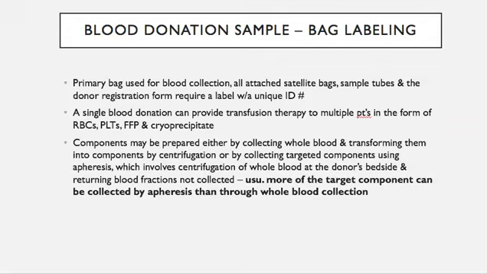A single blood donation can provide transfusion therapy to multiple patients in the form of red cells, platelets, fresh frozen plasma, and cryoprecipitate. Those components can be prepared either by collecting whole blood and then separating them into the components by centrifugation, or by collecting the targeted components using a method called apheresis, which involves centrifugation of whole blood at the donor's bedside and returning the fractions that are not collected.